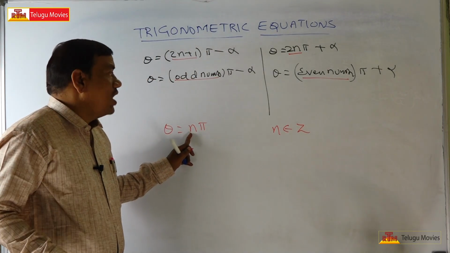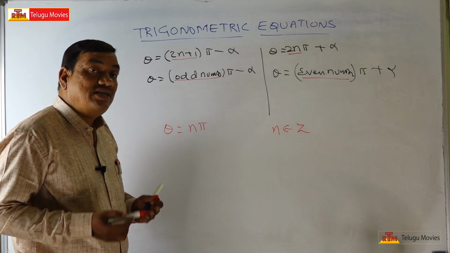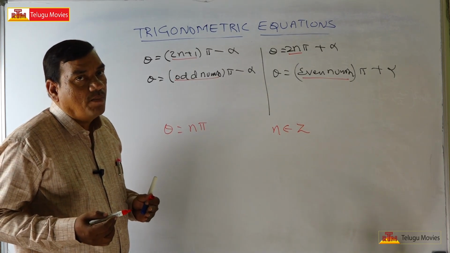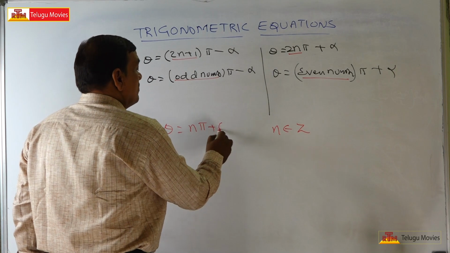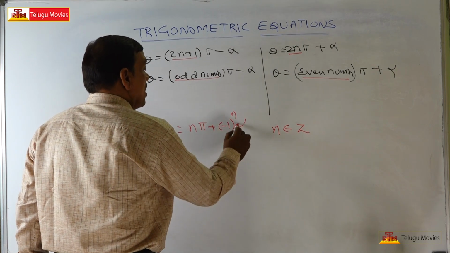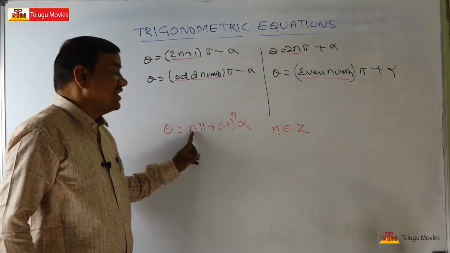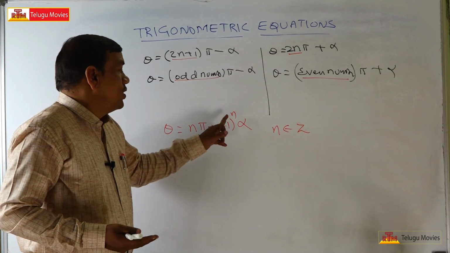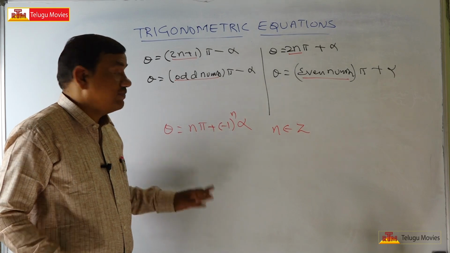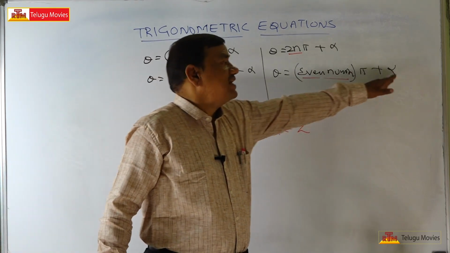If n is odd, you get minus. If n is even, you get plus. That's why can I write it as minus 1 whole power n alpha? So if n is an even number, say n is equal to 2, minus 1 whole power n gives plus: theta is equal to n pi plus minus 1 whole power n alpha.